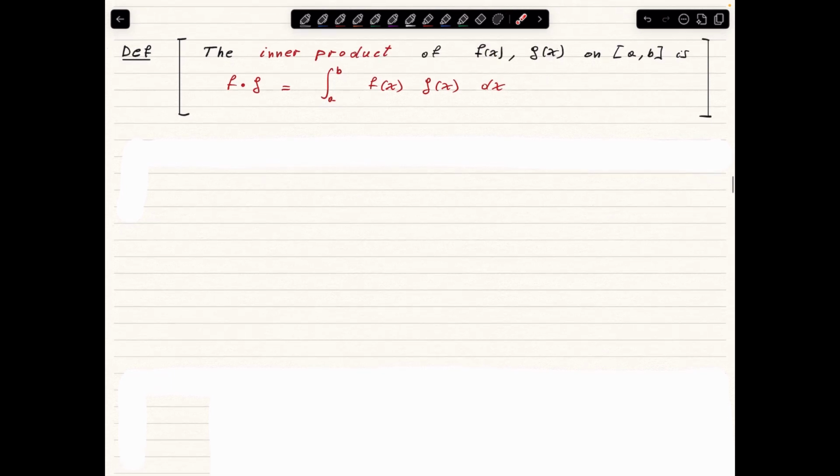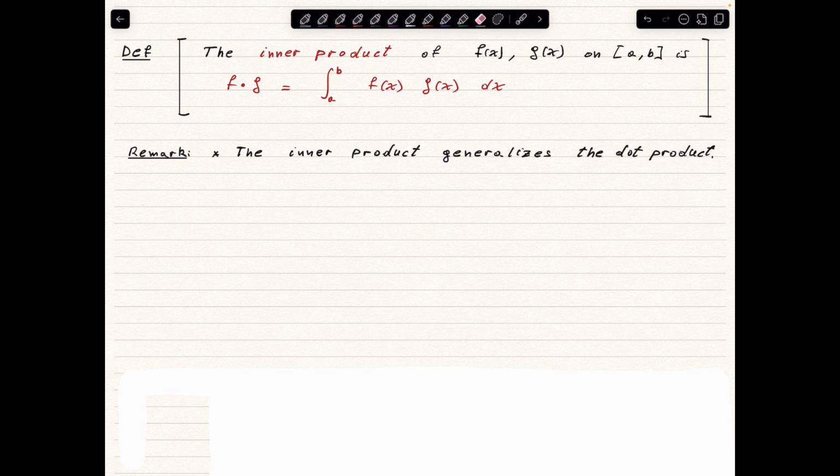So first of all, this definition is a generalization of the dot product for vectors. Recall, the dot product for vectors: let's write the vector u in components. u is the vector u1, u2, and u3. These are the components of the vector, and suppose you have the vector v with components v1, v2, and v3.